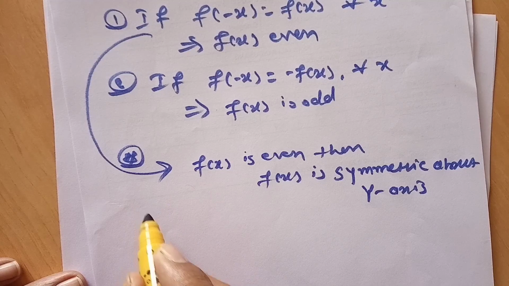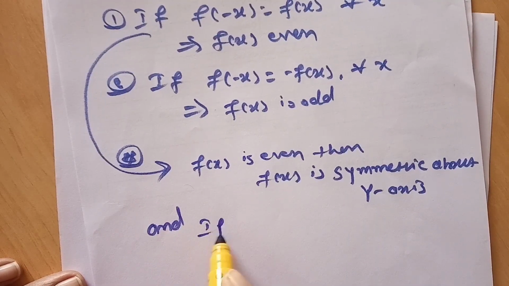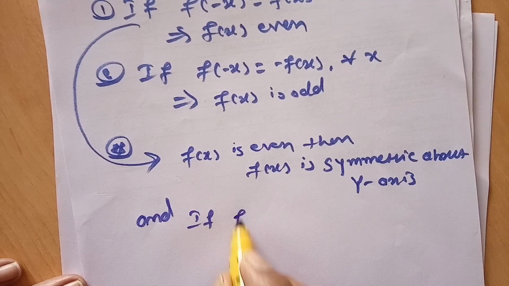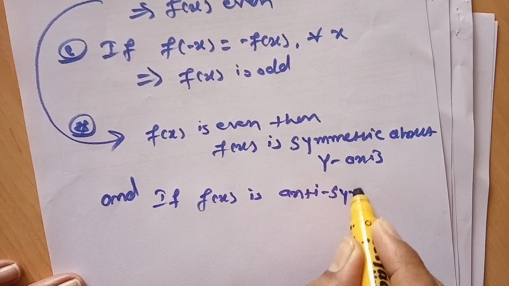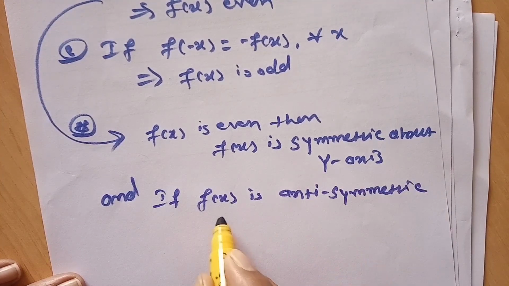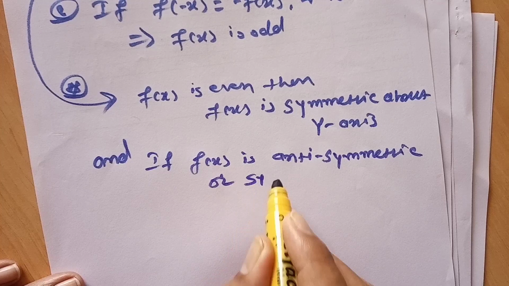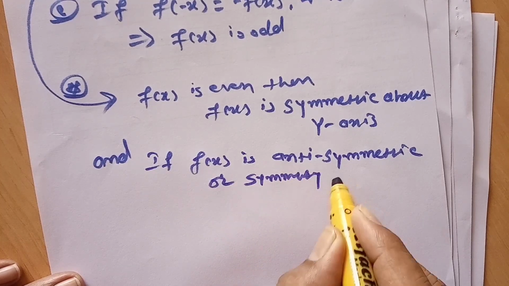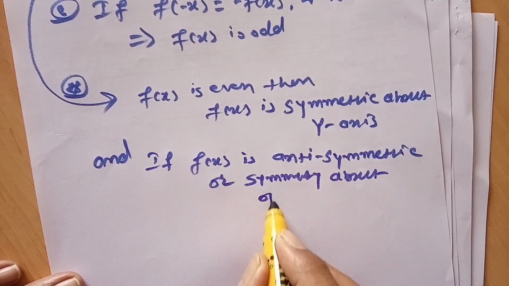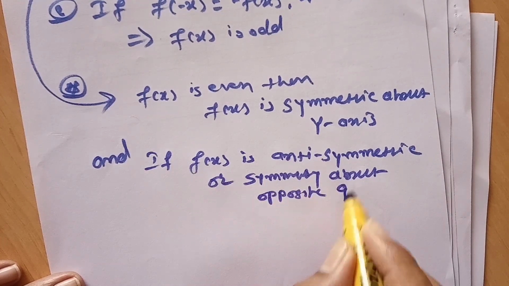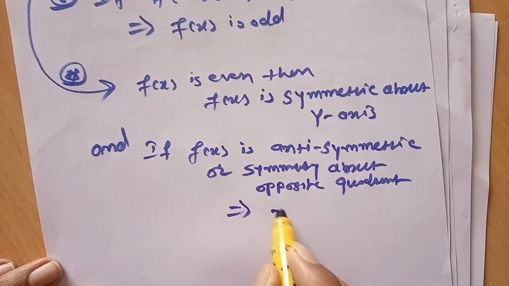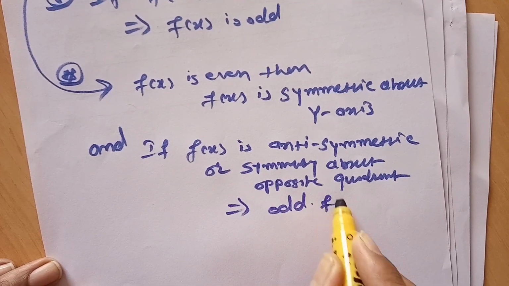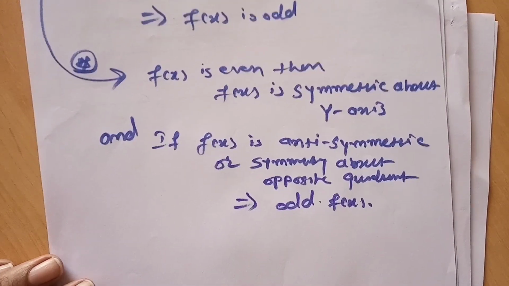And if f of x is antisymmetric, or this shows symmetry about opposite quadrants, then we will say that this function is an odd function. Then we will say that function f of x is odd.